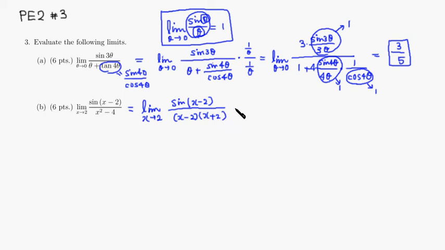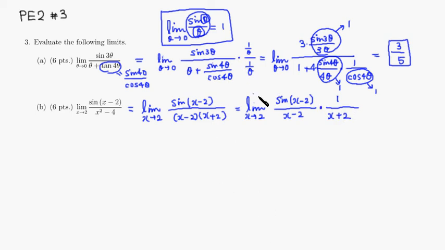So we can split the expression into two fractions. We pair the sine with exactly the same expression inside it, so sine of x minus 2 over x minus 2, times 1 over x plus 2. I just split it into two fractions, but it's still the same thing.